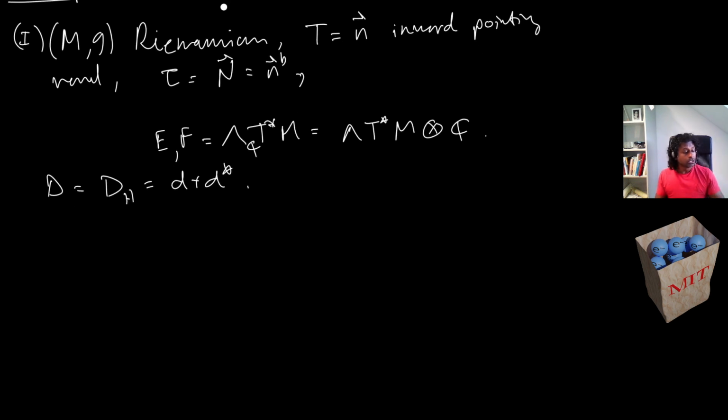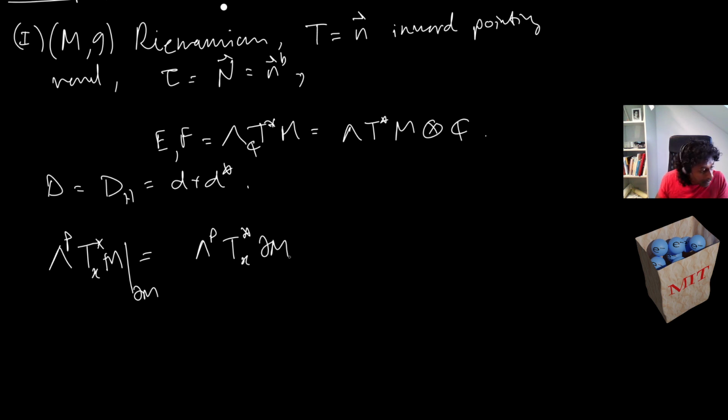At the boundary, the P-forms at the boundary, Λ^P T*M restricted to the boundary, we can actually write as P-forms of T*∂M, plus now I have τ_x wedge the (P minus 1)-forms at x in ∂M.